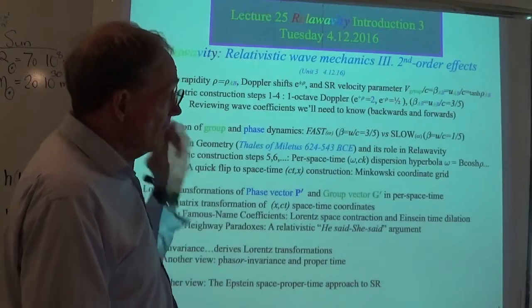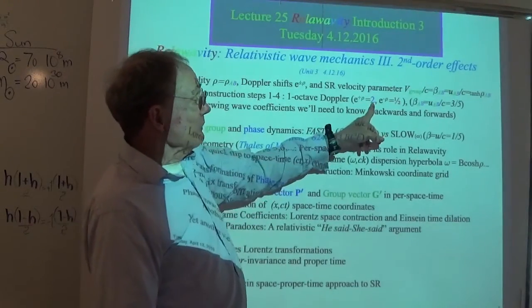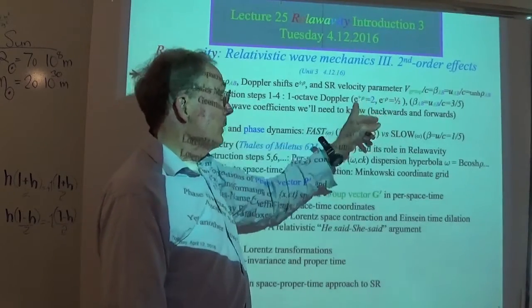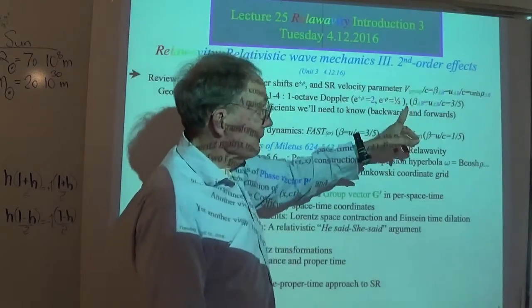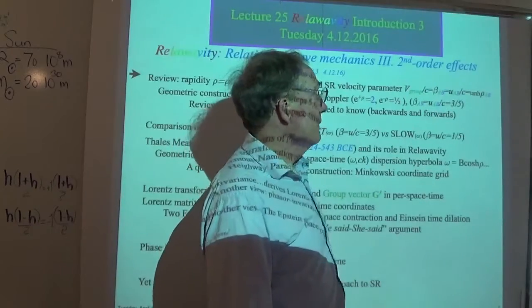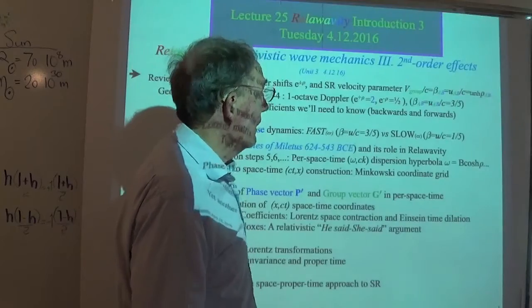Now we're going to be spending our time pretty much with something that has a Doppler shift of 2 or redshift of 1/2. These are always reciprocal of each other. And that gives you a relativity parameter that is a group velocity of 3/5 the speed of light. So we'll be mostly concentrating on that one.